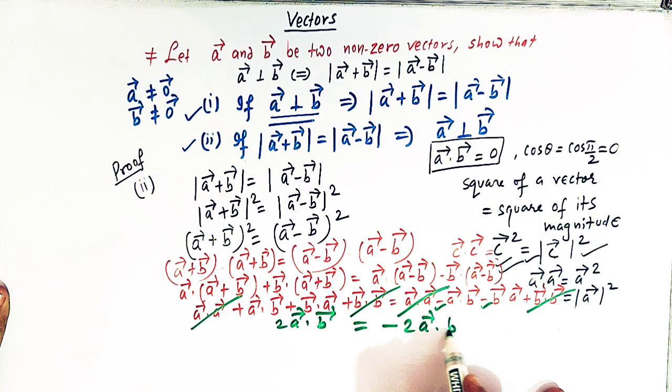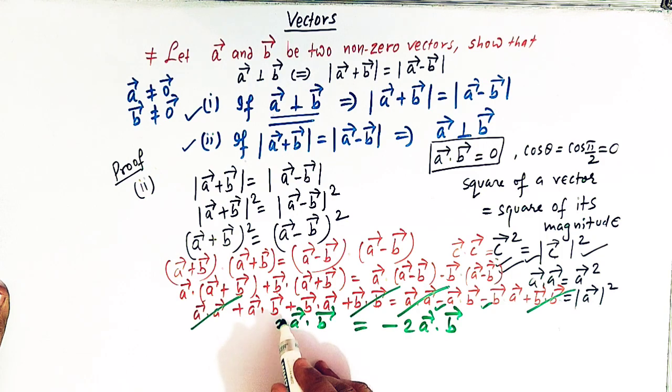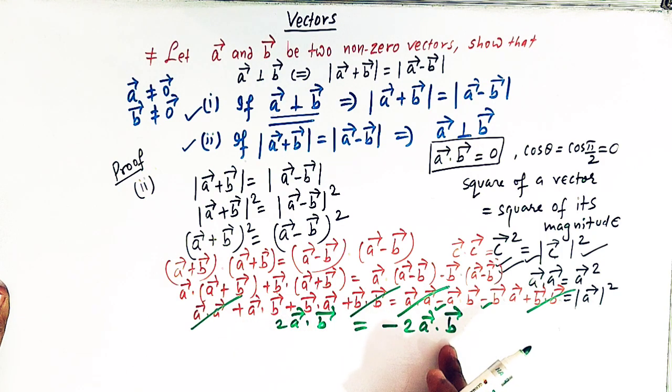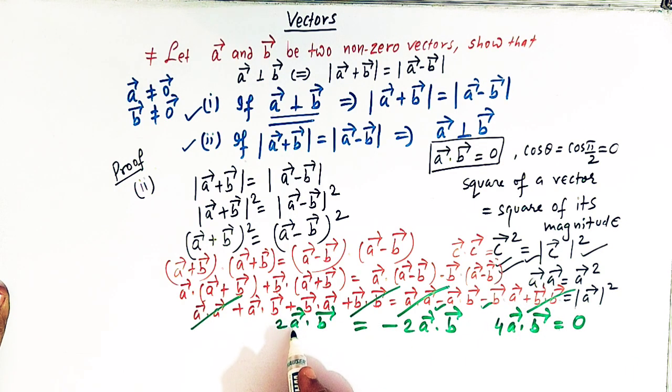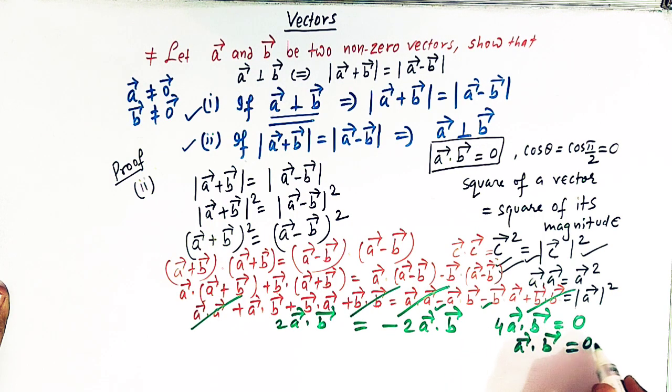a dot b, right? Okay, so here if we take this term to this side, we have 4 times a dot b is equal to 0, because 2 times a dot b plus 2 times a dot b is 4 times a dot b, and now we have a dot b is equal to 0 over 4, that is equal to 0.